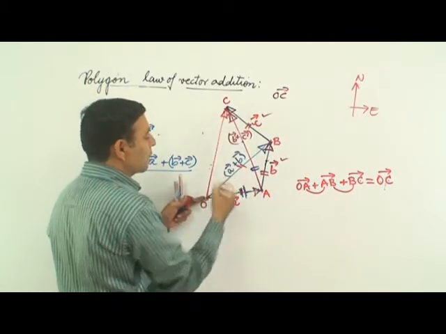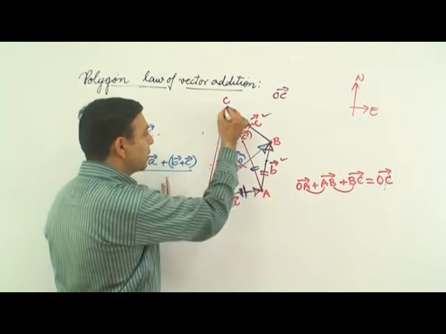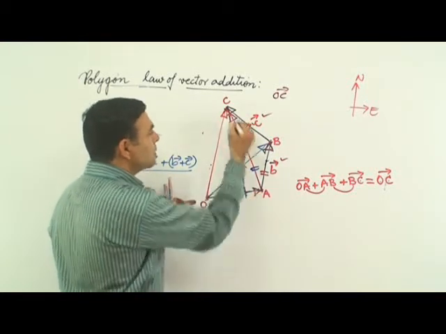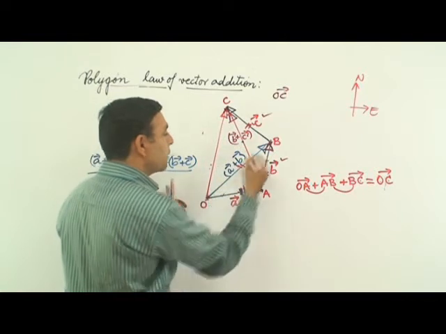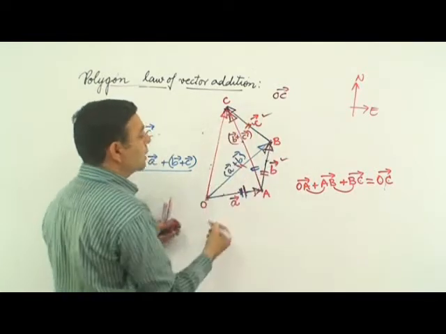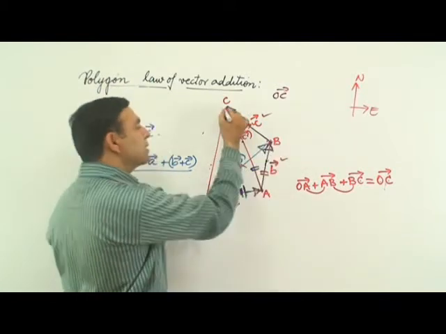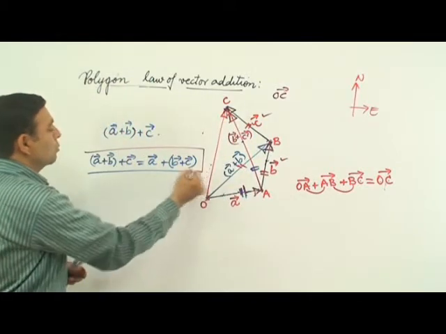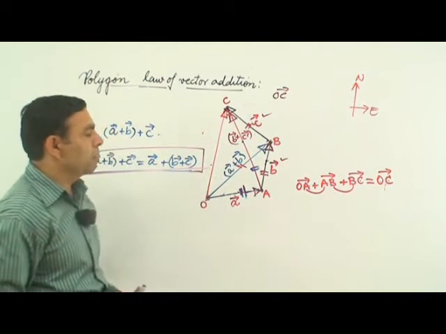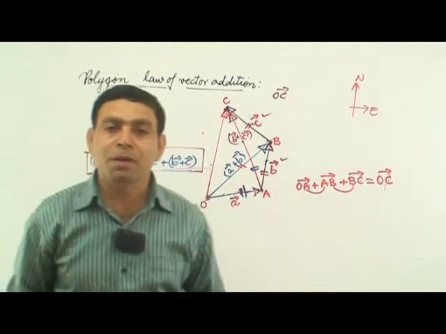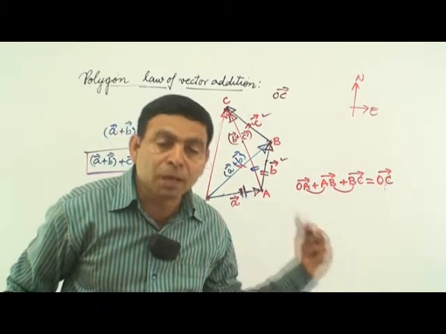A plus B plus C is once again OC. That means A plus (B plus C) is equal to (A plus B) plus C. Vector addition is associative, which can easily be shown with the help of polygon law. Polygon law can be used to add any number of vectors at the same time.